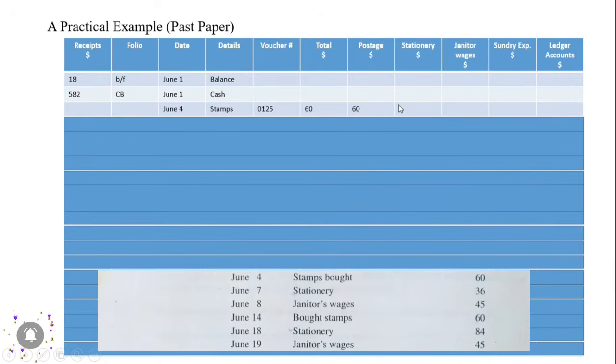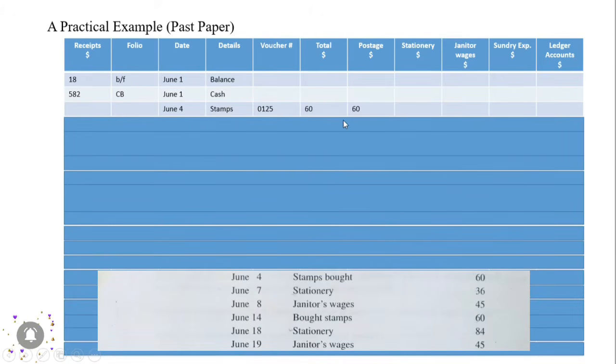Because we are buying postage stamps, we have an analysis column for postage, and so we would record stamps being bought under this analysis column. So you record it under the totals column as well as the analysis column. It is very important that you remember that. There are times when you may be tempted to only record the information under the totals column, but that would be an error in principle.